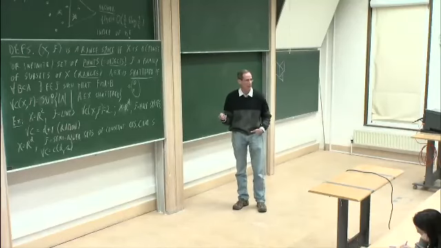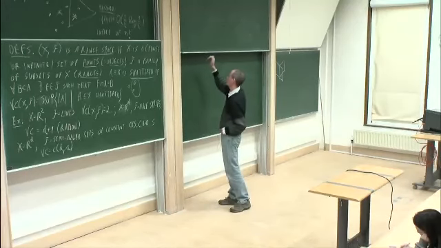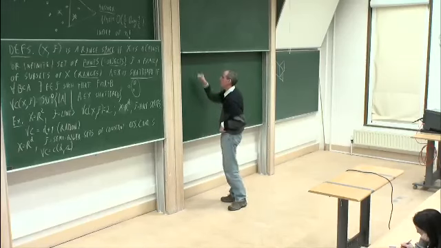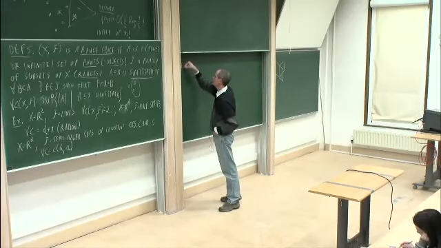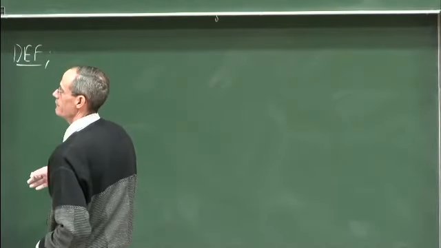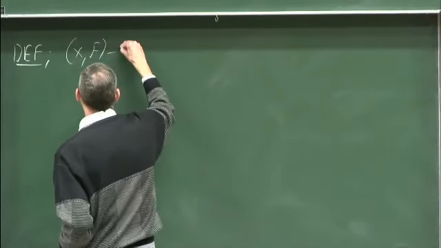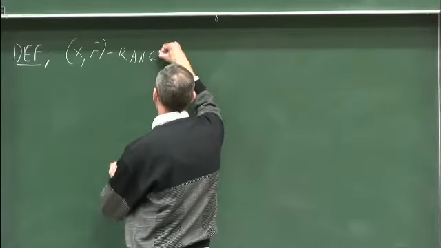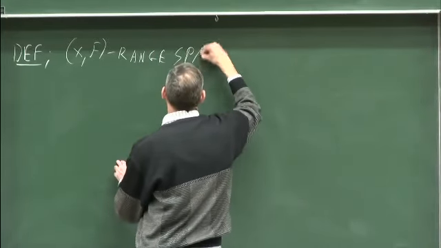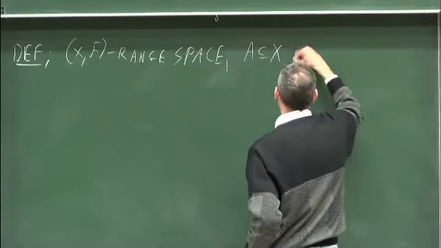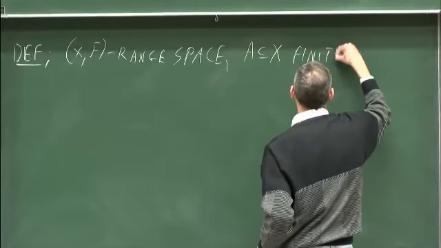That's the notion of epsilon net, or strong epsilon net. We'll have weak nets as well. So let me write again a definition. So let (X, F) be a range space, and A a subset of X. Now I want it to be finite.